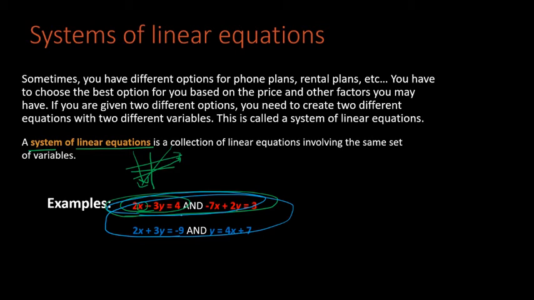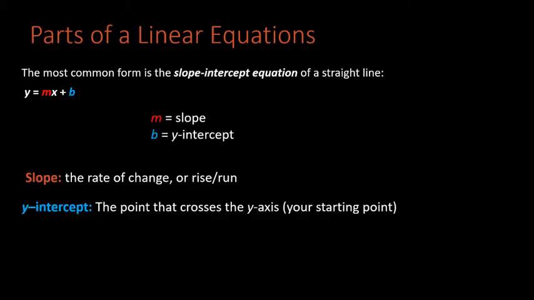Let's also review the parts of a linear equation. In general, the most helpful way for us to analyze these, especially for this topic, is to look at things in slope-intercept form, which looks like this: y equals mx plus b. Hopefully this will be a review for you. Remember that m stands for the slope, the rate of change, the rise over run, or the steepness of the line.